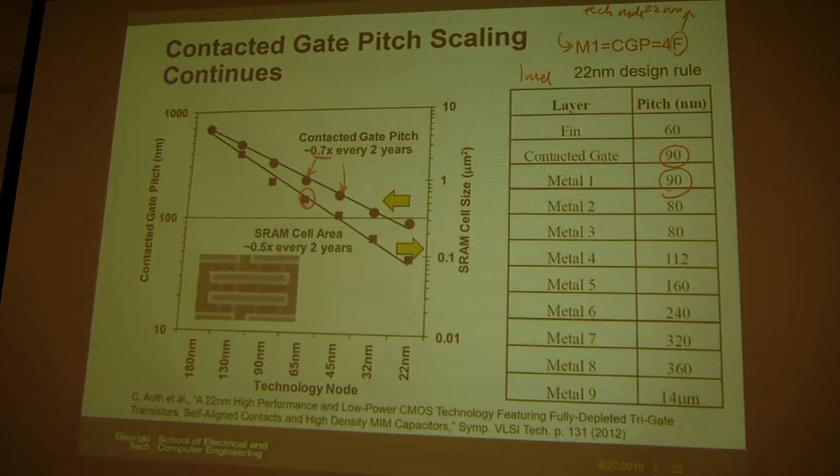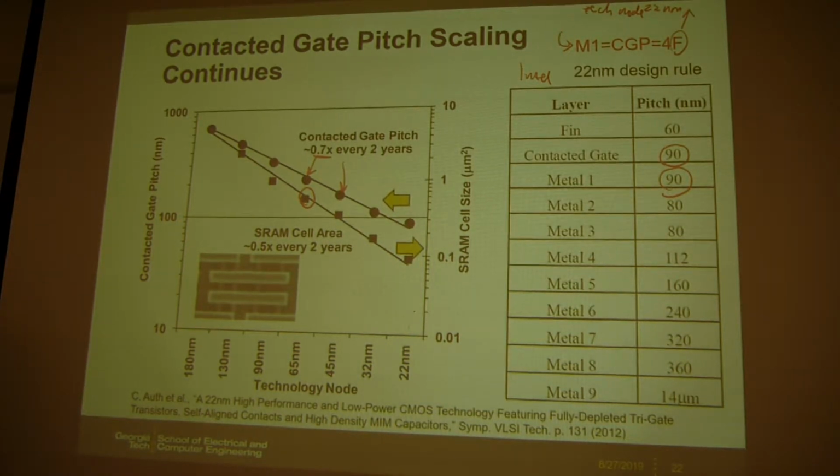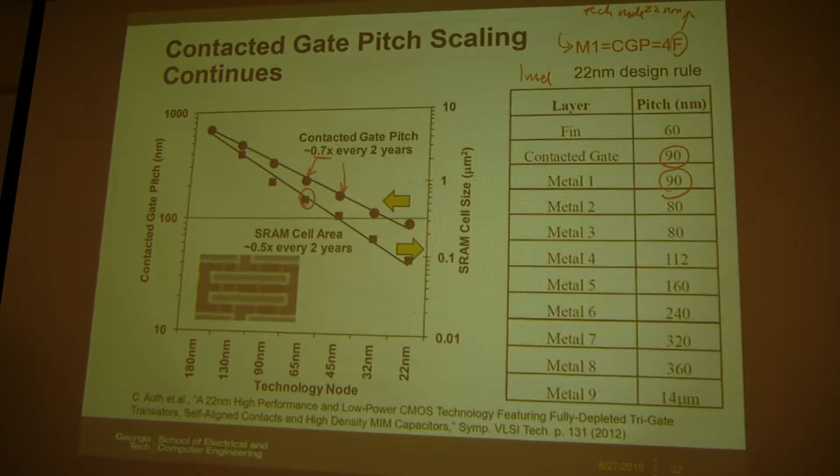Because 4 times 22 is 88, it's roughly 90 nanometer. So you will see that the metal one pitch, contact gate pitch, roughly 4F, 4 times the symbol technology node. But you know that technology node does not mean anything in the real physical dimensions.